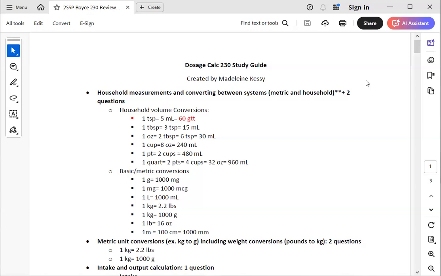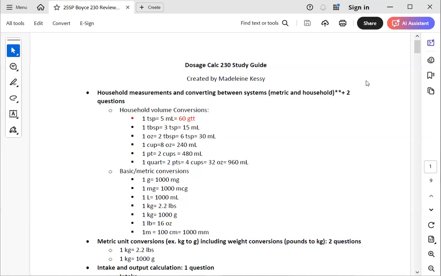And I plan to just go through the practice stuff and then leave it for you to practice, but I'll highlight some of the important things to know for your 230 test. The biggest thing that's new for you this semester is doing some more of the weight-based calculations, the flow rate calculations, where you're going to look for not only milliliters per hour, but also drops per minute.